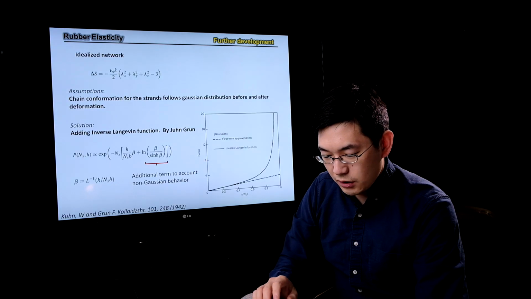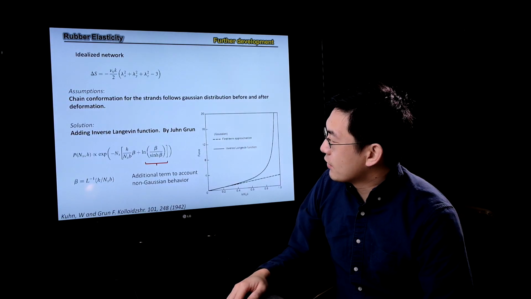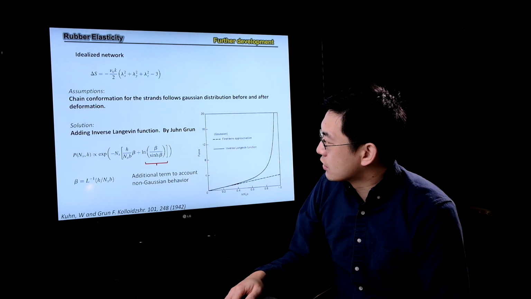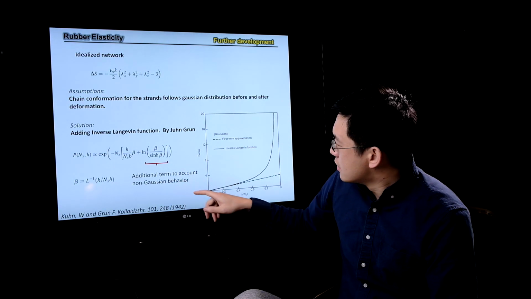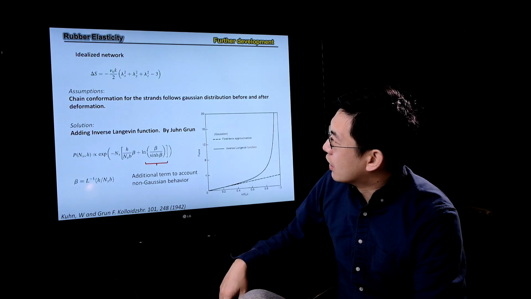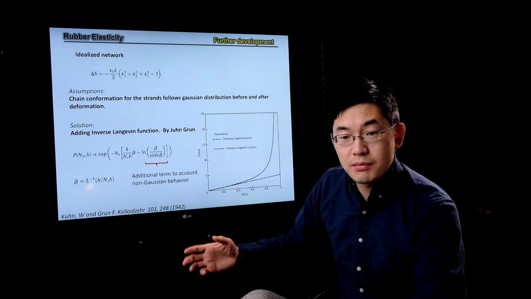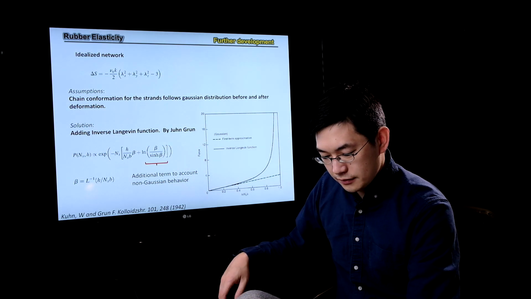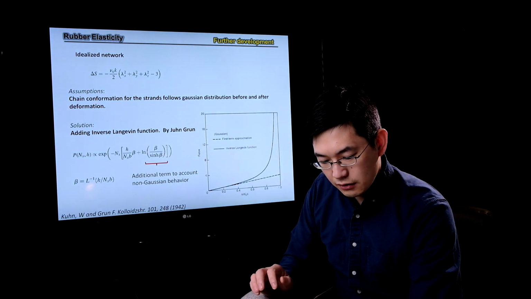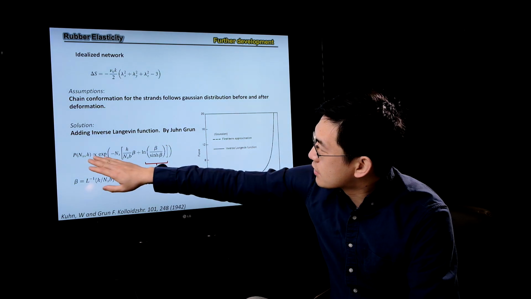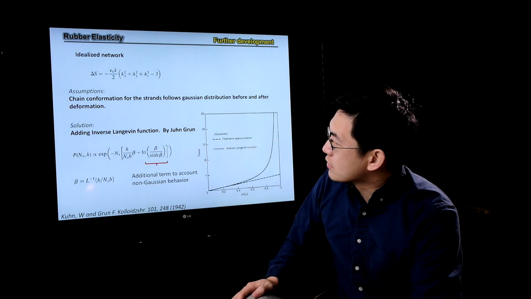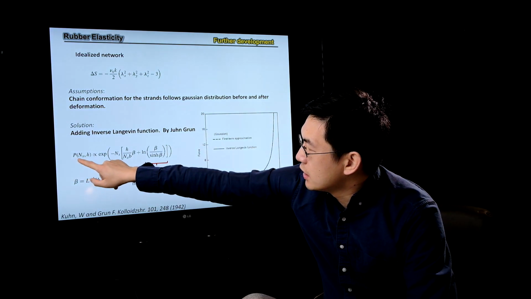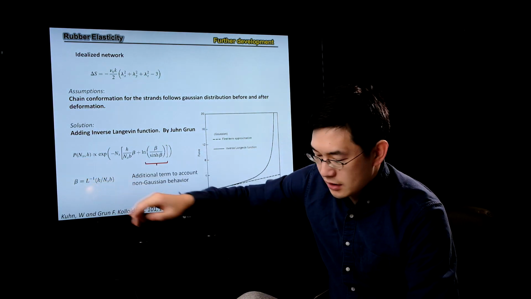So a smart way is to combine the conventional approach we had, and add an additional term, the inverse Langevin function, to capture those non-ideal Gaussian coil deformations. Okay, so this is basically what people showed for the probability distribution of the chain, the function P, dependent on n, x and h.